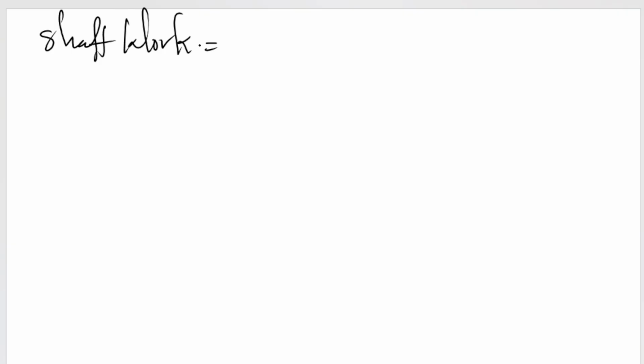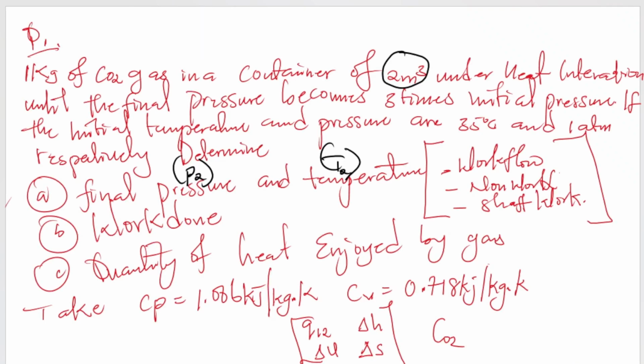Now looking at the question, if you are to consider shaft work in terms of the system, remember the system here is a rigid system, in the sense that it's not having any rotating part.